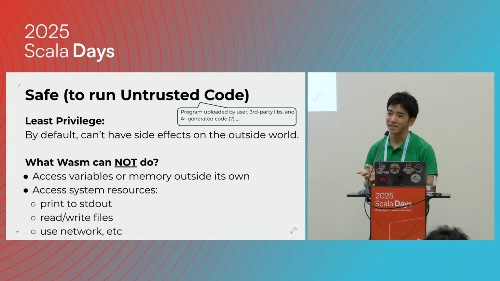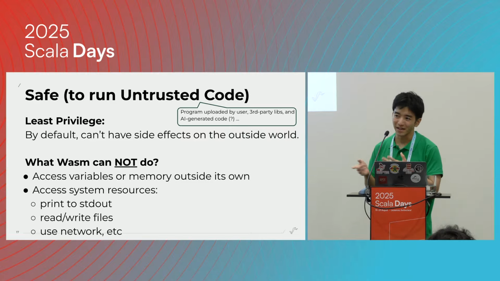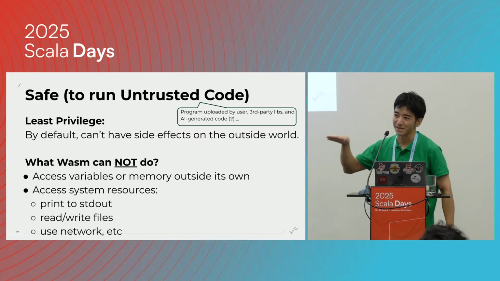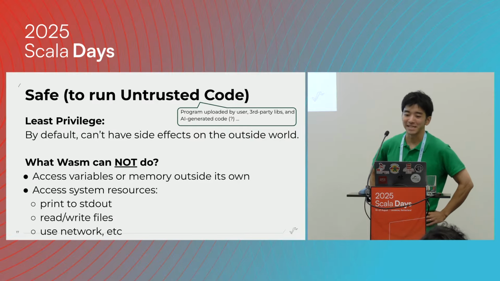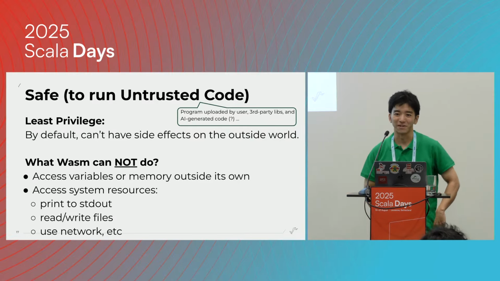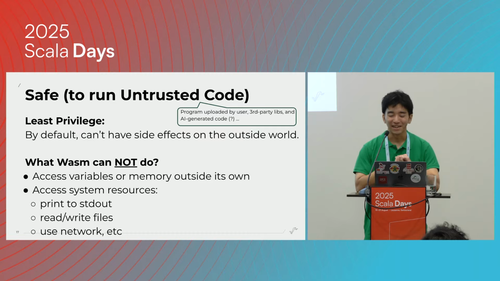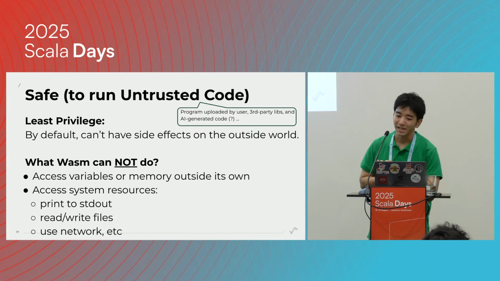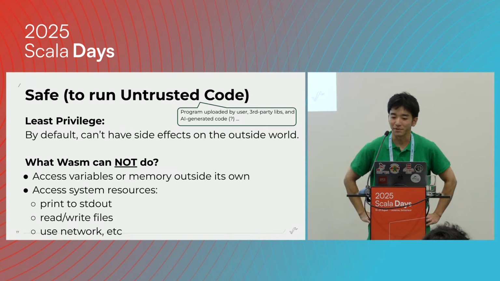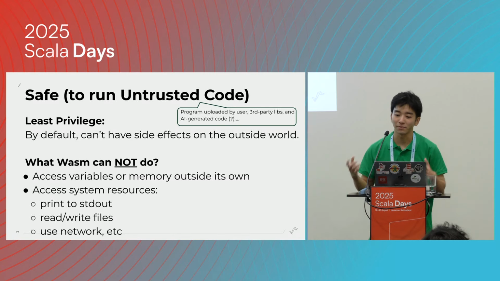And maybe your third-party library is also untrusted code if you are not examining everything line by line, or maybe these days AI-generated code is also untrusted code, if you don't trust AI. And Wasm follows the principle of least privilege. So by default, Wasm cannot have any side effects on the outside world.